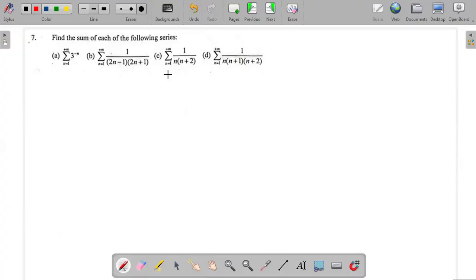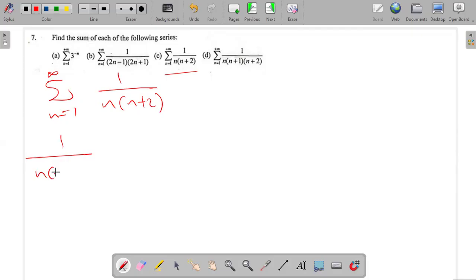Okay, let's do C. So C, summation from n equal to 1 to infinity of 1 over n plus 2. Okay, partial fractions again. So you have 1 over n plus 2. Now this one here is just a over n plus b over n plus 2.